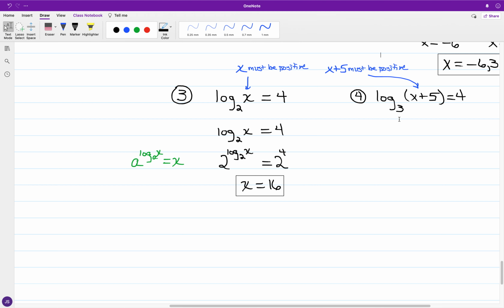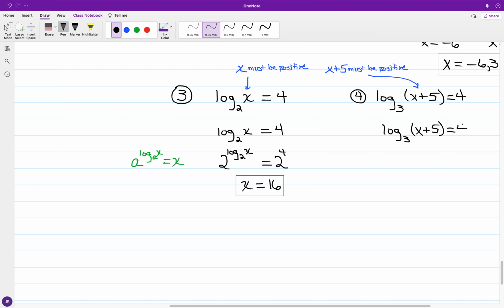And again, we have the base 3 logarithm of the quantity of x plus 5, okay, as the logarithmic term. And again, we have this term equal to 4.